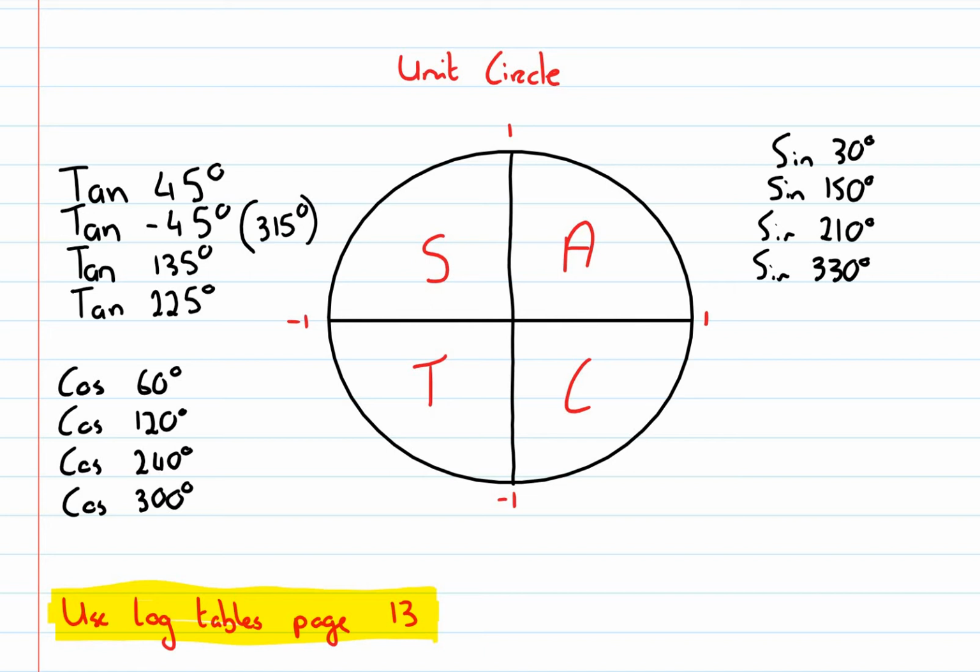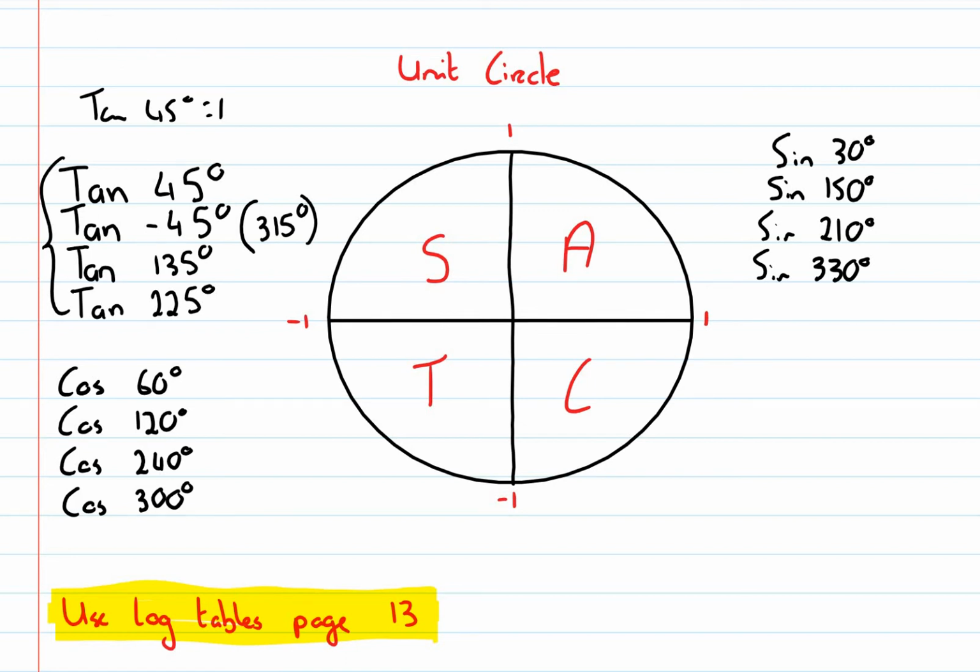Right, let's look at this here, the tan 45. If you look in your logbooks, tan of 45 degrees equals 1. Okay, so what that means is, have a look here, tan equals the opposite over the adjacent. So that means the opposite side is the same as the adjacent. Why? Because it gives a value of 1. Right, so if the opposite was 5 and the adjacent was 5 again, we get an answer of 1.